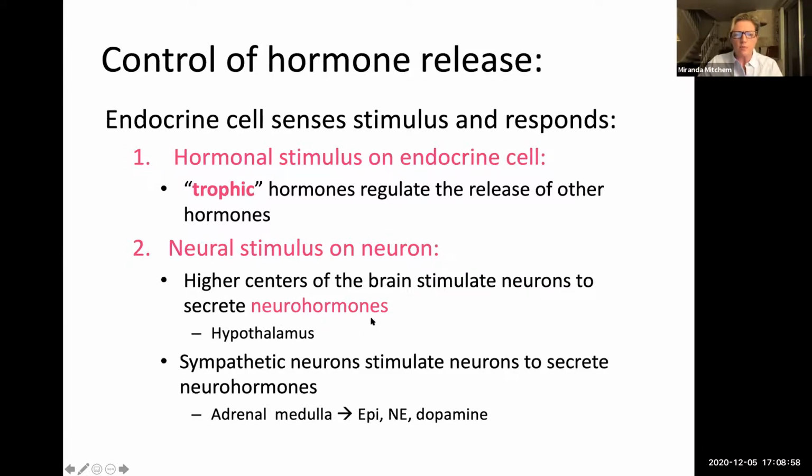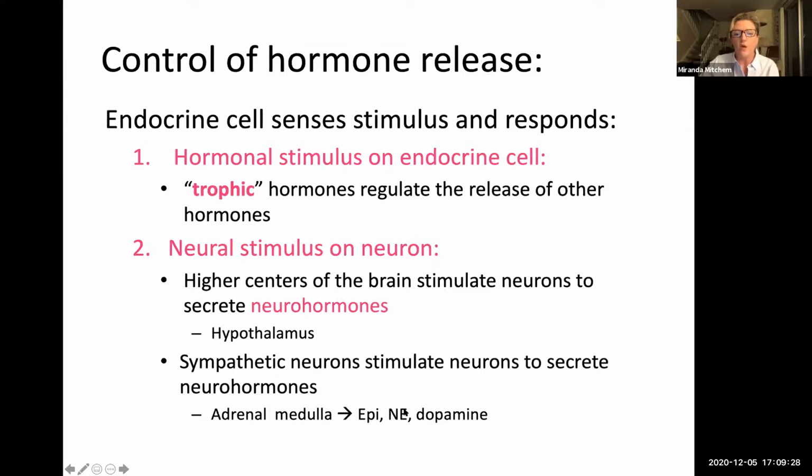These would be properly called neurohormones when they're stimulated by the brain, when the brain produces them. An example would be the hypothalamus of the brain that's responsible for producing and controlling the release of hormones. We also are able to, the neurons are able to secrete some of these neurohormones.